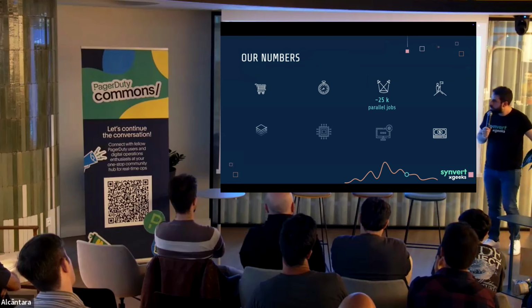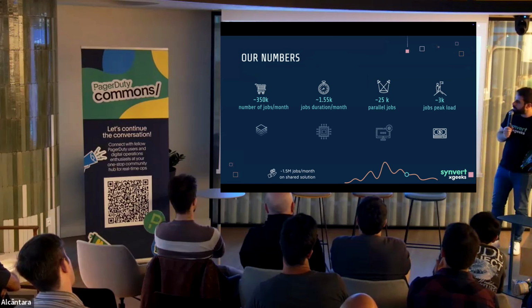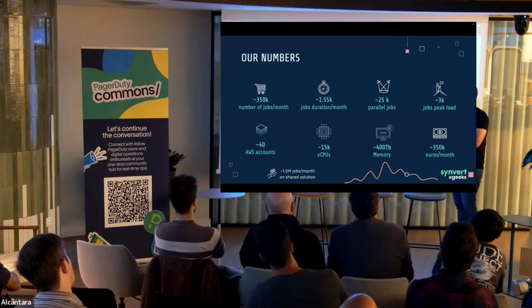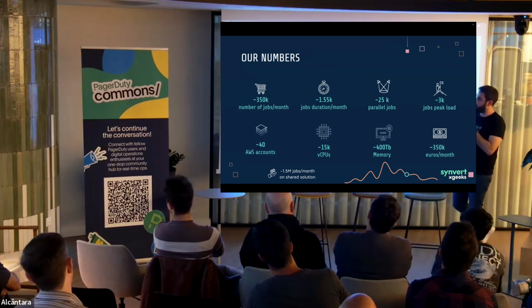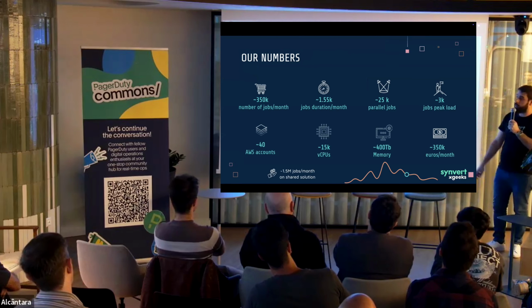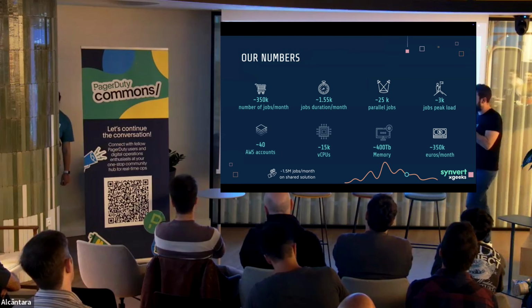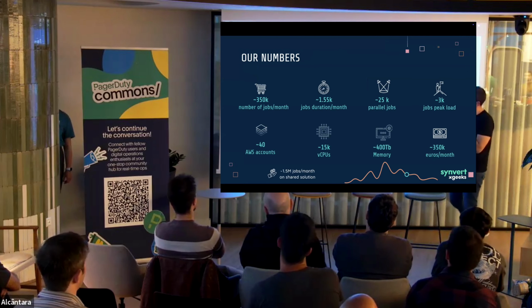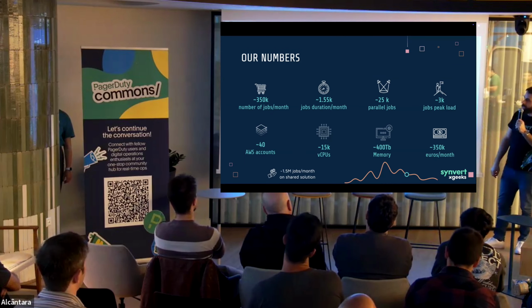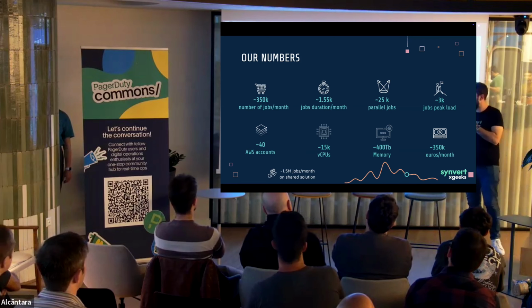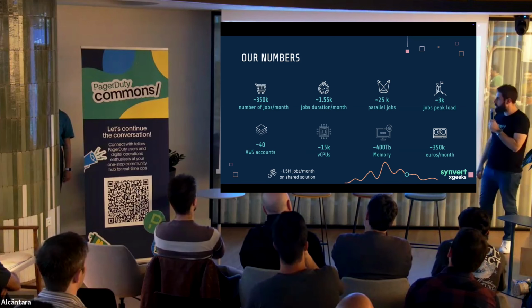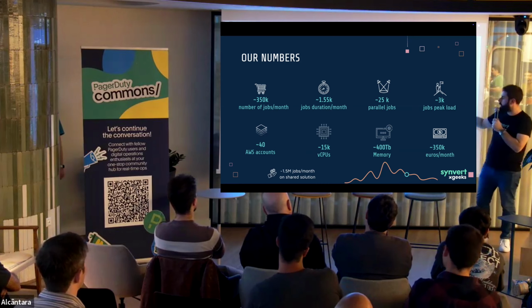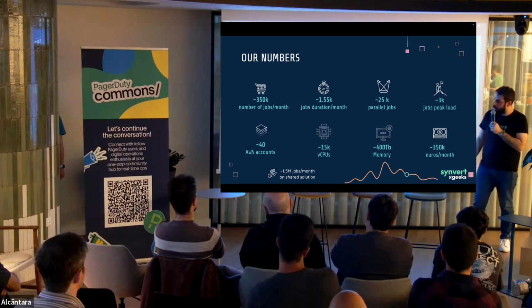Some of the numbers. So we are talking nowadays about 350K jobs per month on our runners, a job duration of 1,055K minutes per month. 25K jobs in parallel, no, sorry, this is what they have configured now, and our peak was 3K.